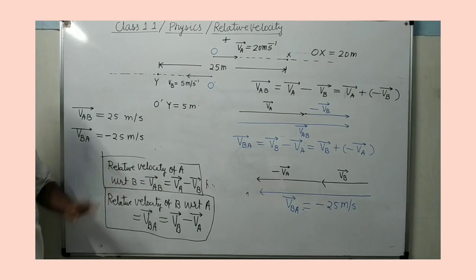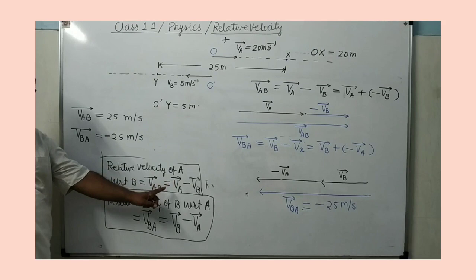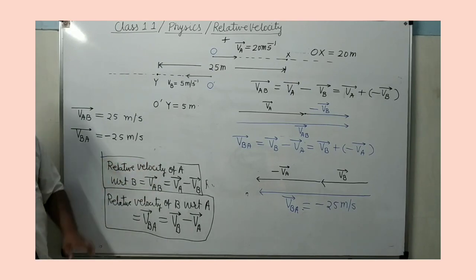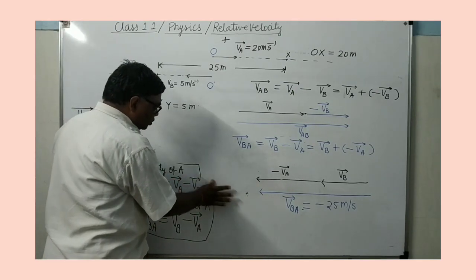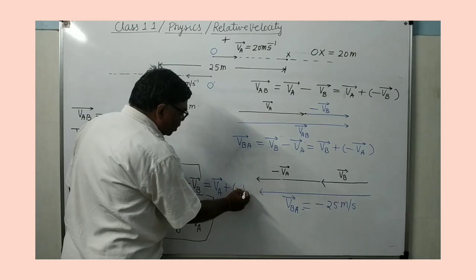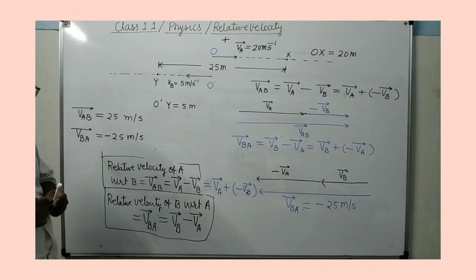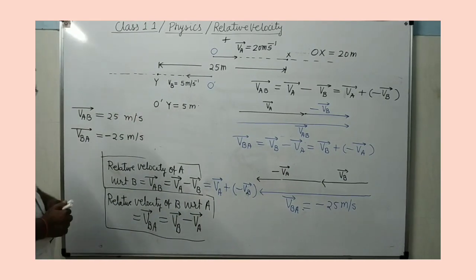The method is the same in both cases. To the velocity vector of A, you will add the negative velocity vector of B. Similarly, when you have to find vector VBA, the relative velocity of B with respect to A, what will you do?